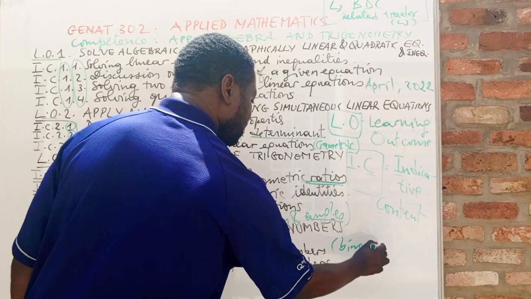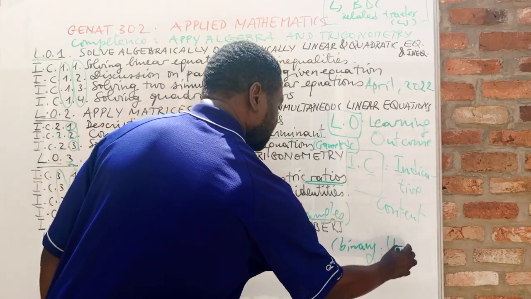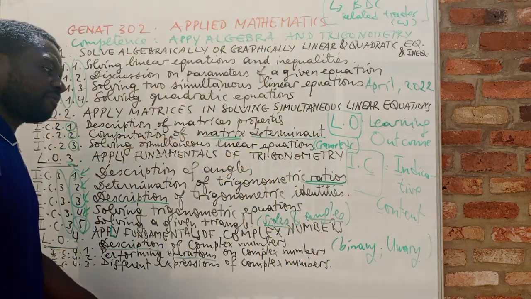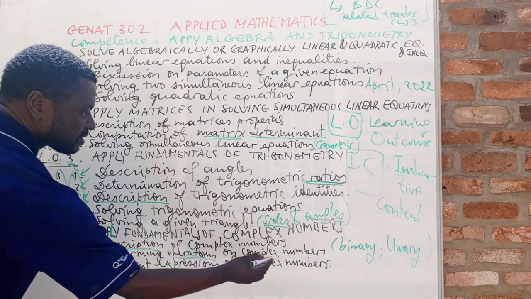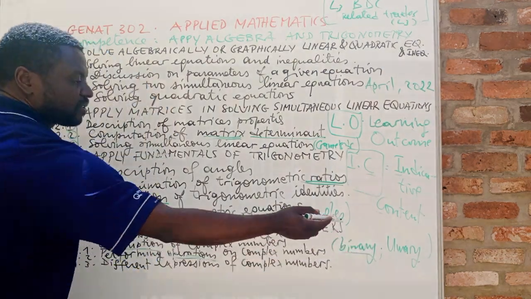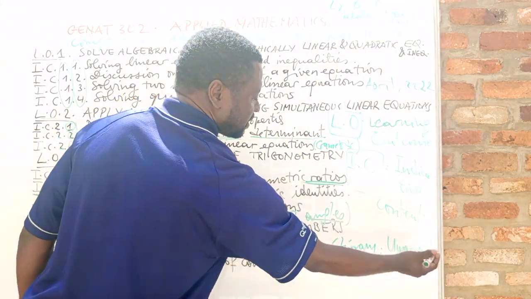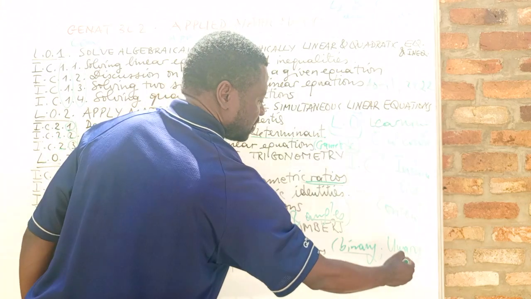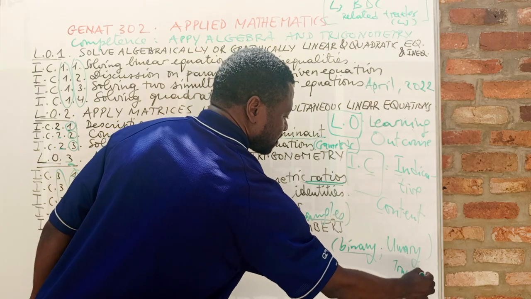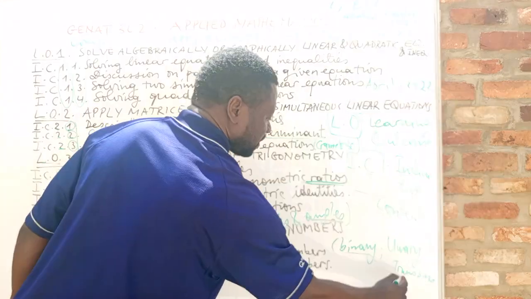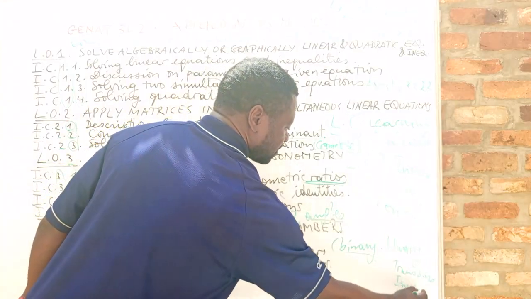But we also have unary operations, like finding the inverse or transpose of a matrix.